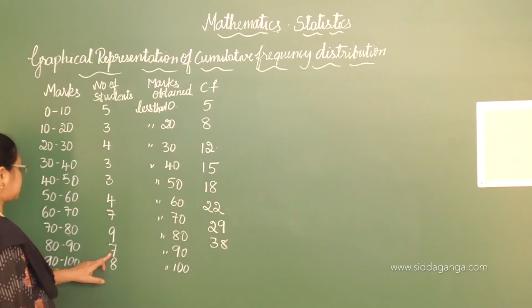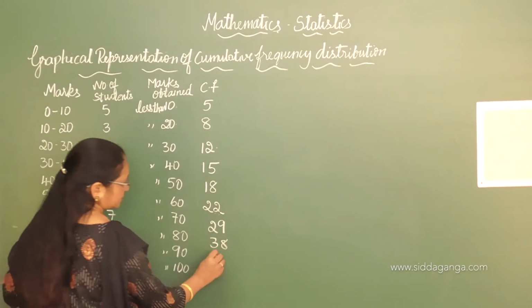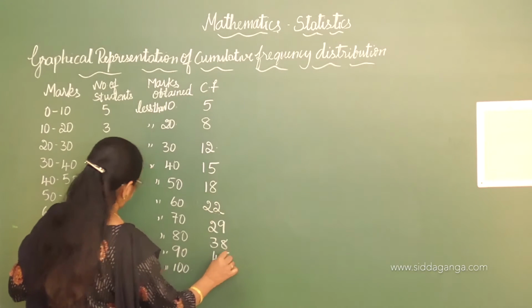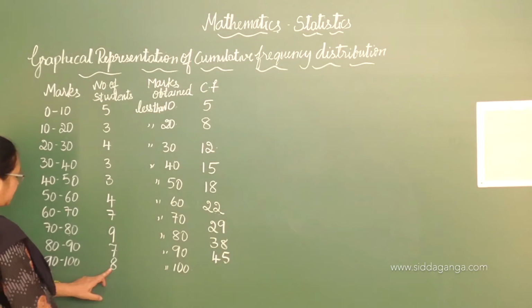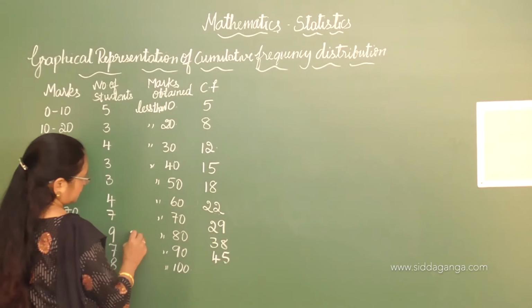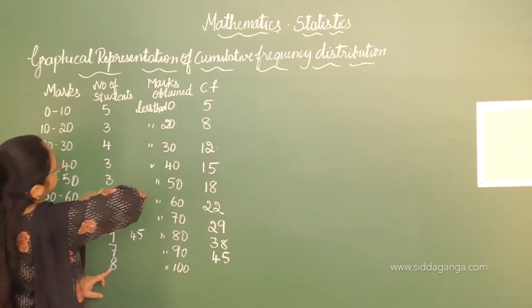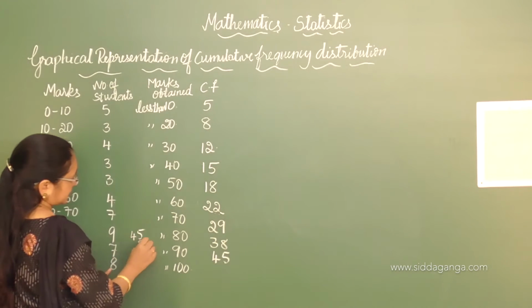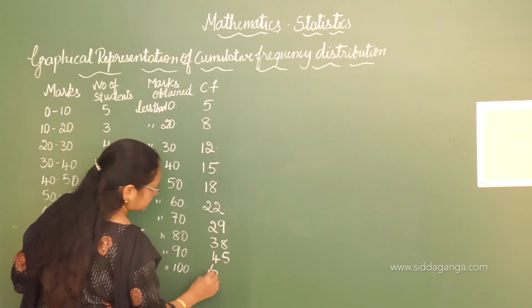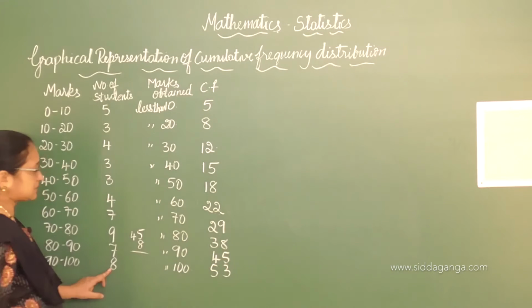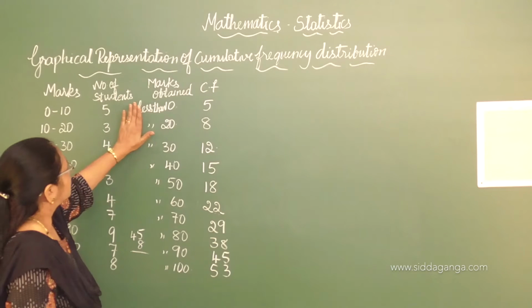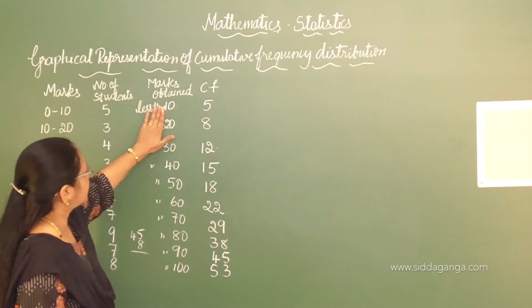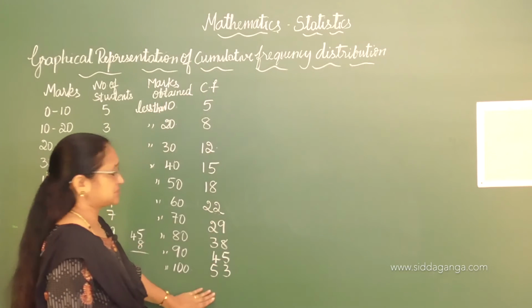Then less than 90, add 7, so 45. Less than 100 means the students who come under this category, so 45 plus 8, 53. Now we have the marks obtained less than 10 and the cumulative frequency.